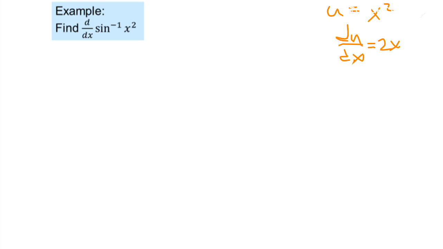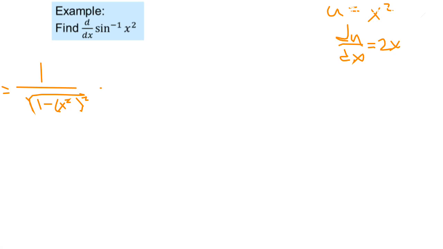So here I go. I want the derivative of inverse sine of x squared. According to my formula, that's 1 over the square root of 1 minus u squared. But what's standing in for u? It's x squared. U needs to get squared.